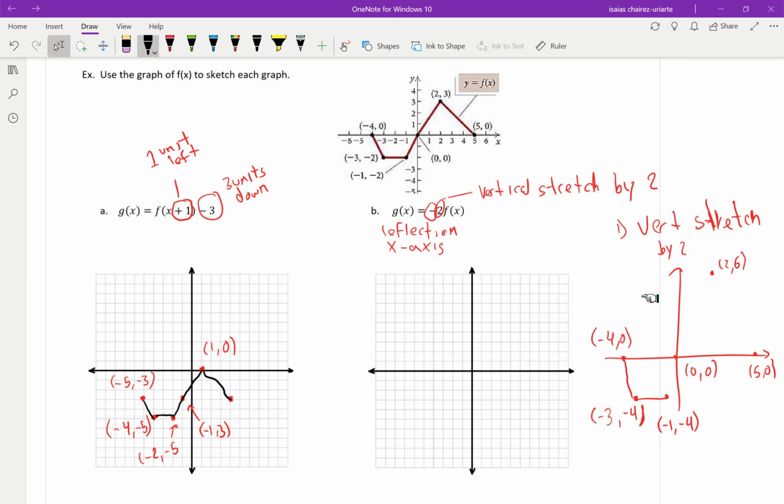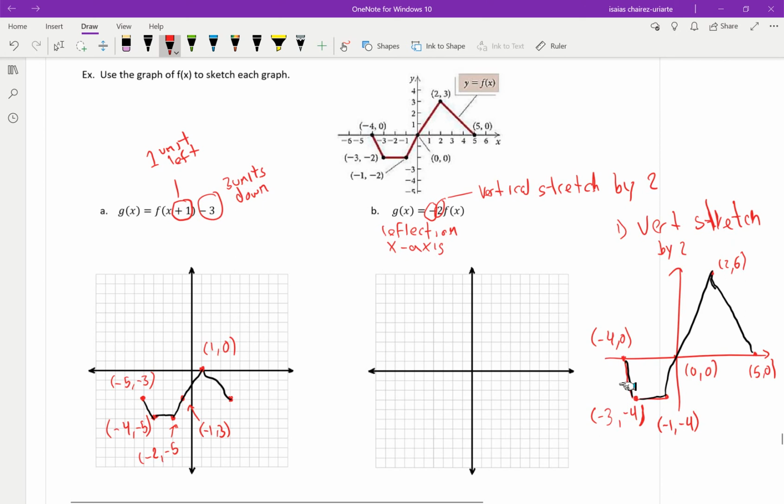If I stretch it vertically by 2, this is sort of what my graph looks like. And now the last thing I have to do is reflect this whole thing on the x-axis. To reflect on the x-axis, I'm going to have to change the signs.